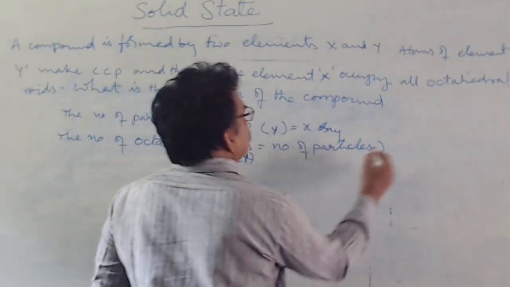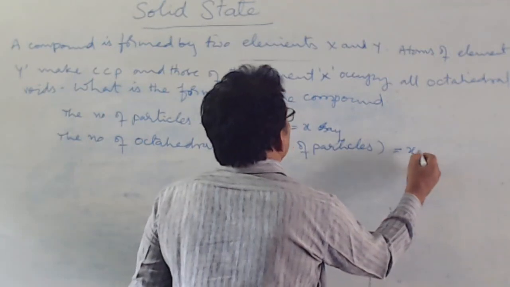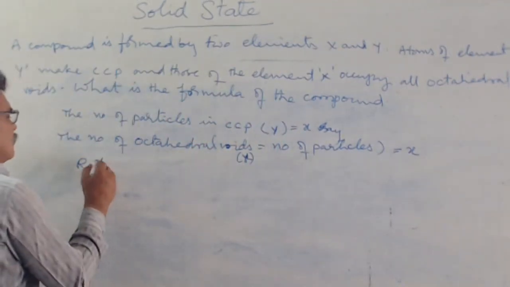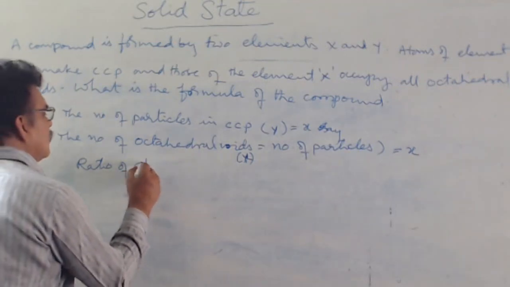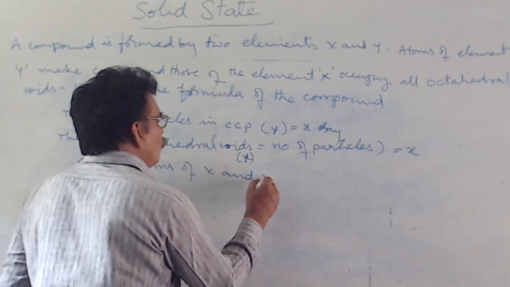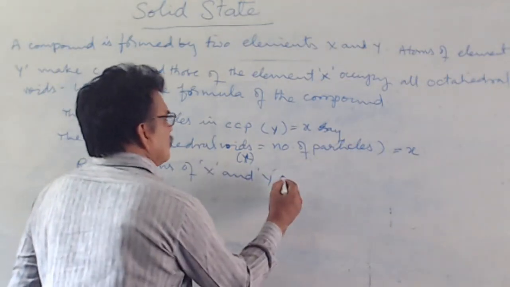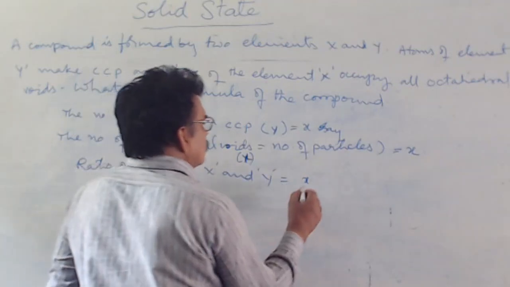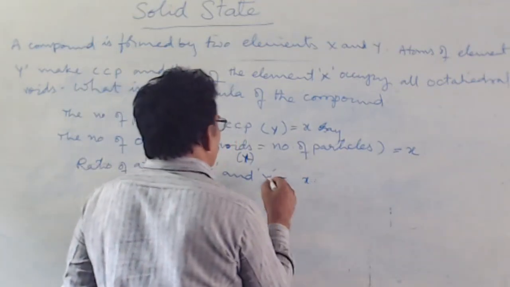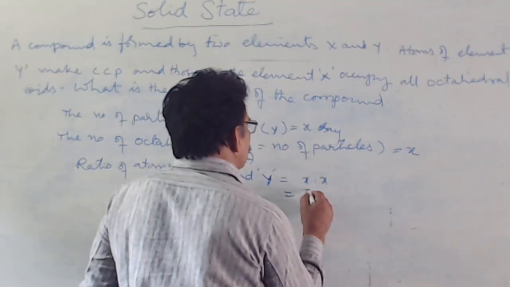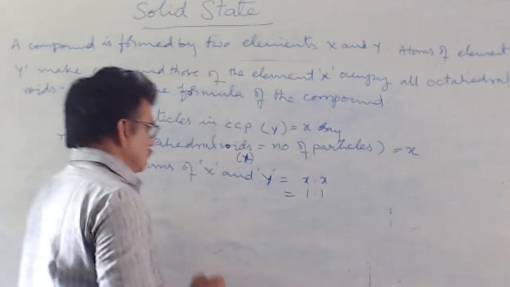These are X, so this is also x. Ratio of atoms of X and Y is equal to number of X atoms, small x, and number of Y atoms also small x, that is 1:1.